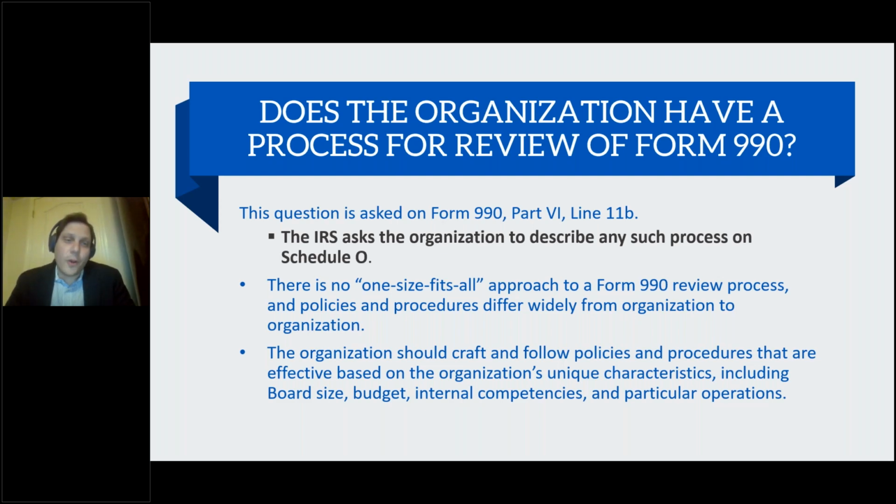Now, I did want to add that there's no one-size-fits-all approach to the Form 990 review process. So the policies and procedures and the way you do it can widely vary based on the size of the organization.